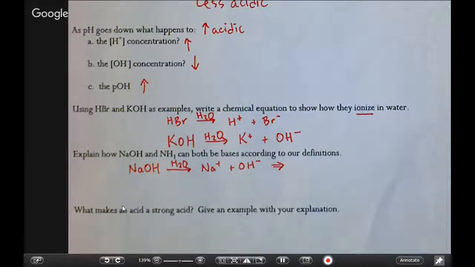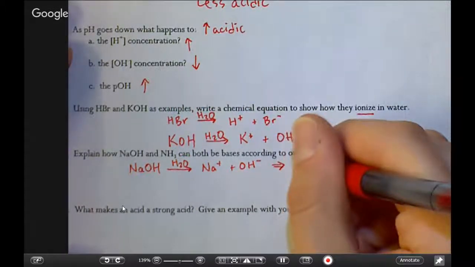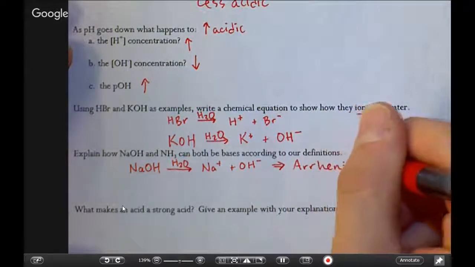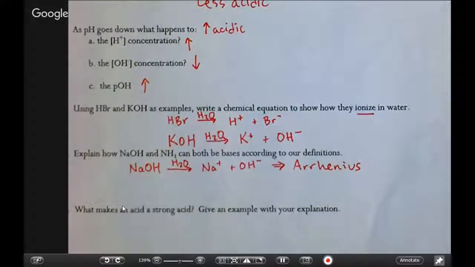But which definition of a base? Look back at your notes. There are two instances of a base and we labeled them two different terms. Arrhenius. So the Arrhenius definition says that in water we produce hydroxide ions.